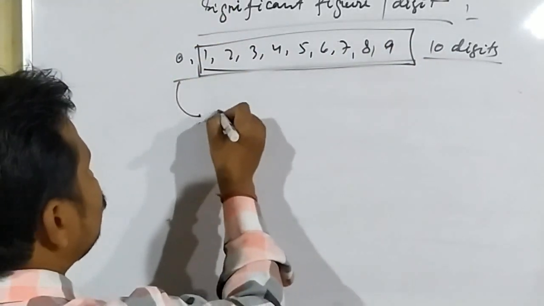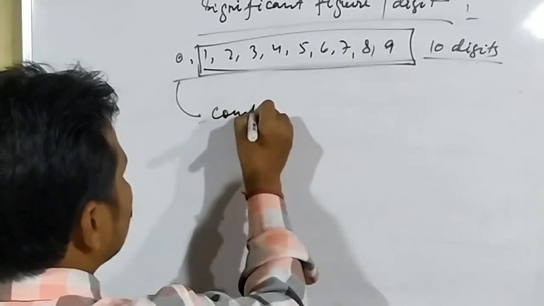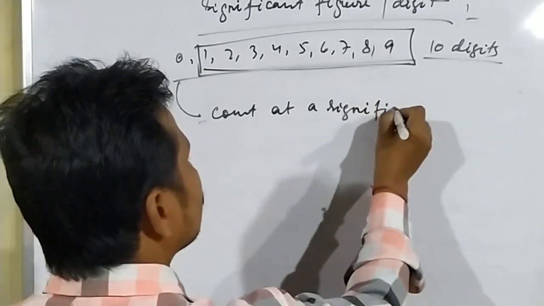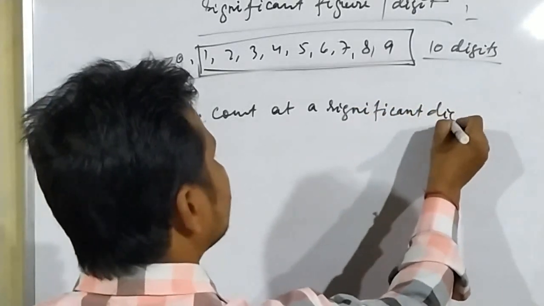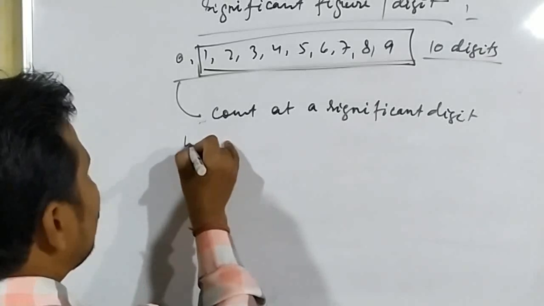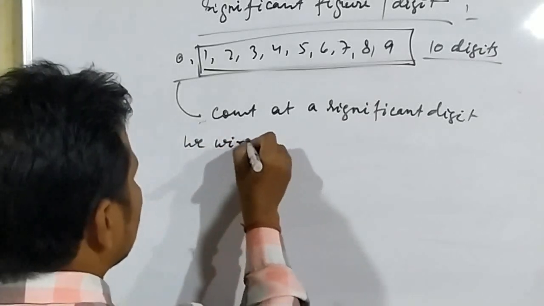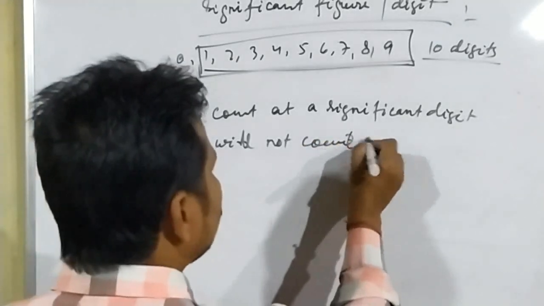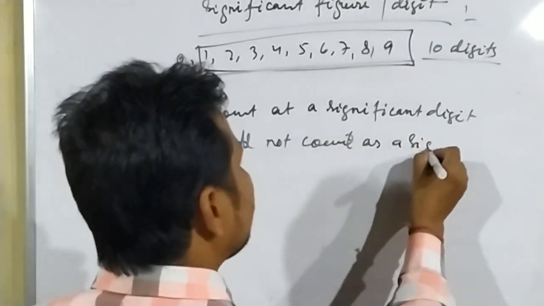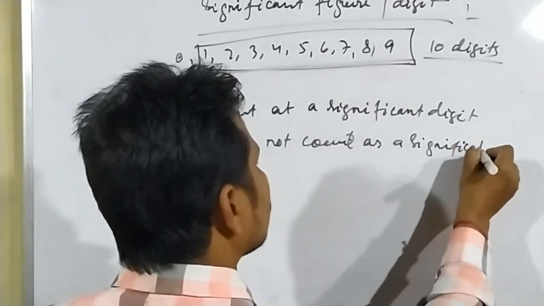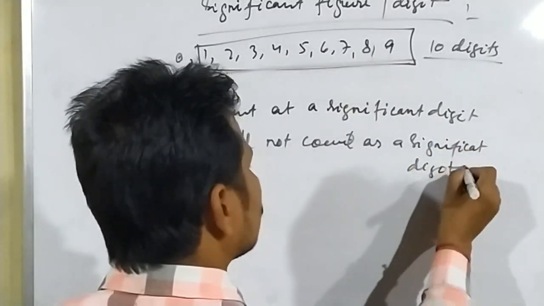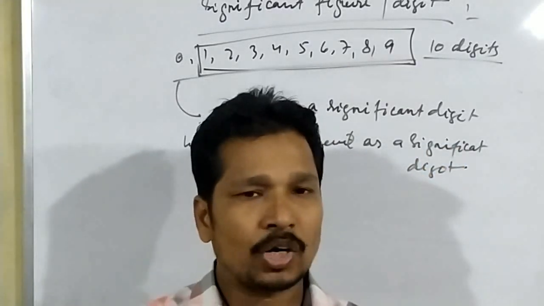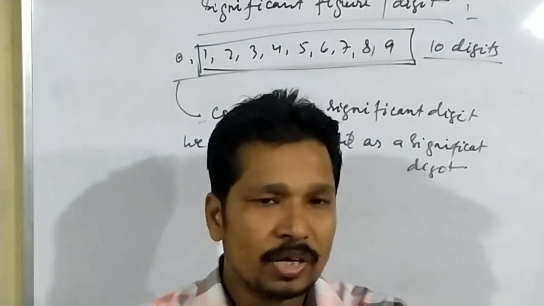Sometimes 0 we will count as a significant digit, and sometimes we will not count it as a significant digit. So when will we count 0 as a significant digit and when will we not? Let us discuss.